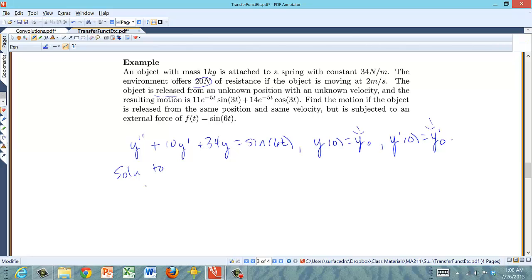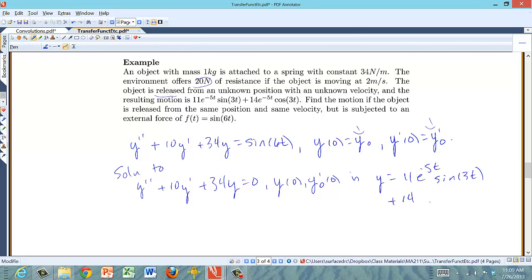I'll just call it y. y double prime plus 10y prime plus 34y equals 0. I told you that the solution to this problem with the same initial conditions is y equals 11e to the minus 5t sine 3t plus 14e to the minus 5t cosine 3t, okay?